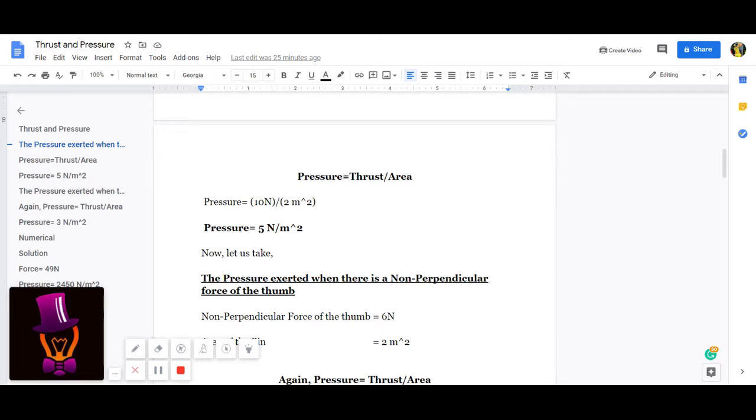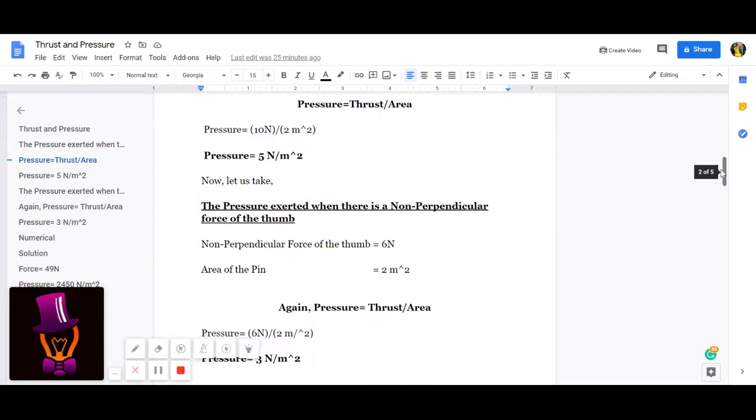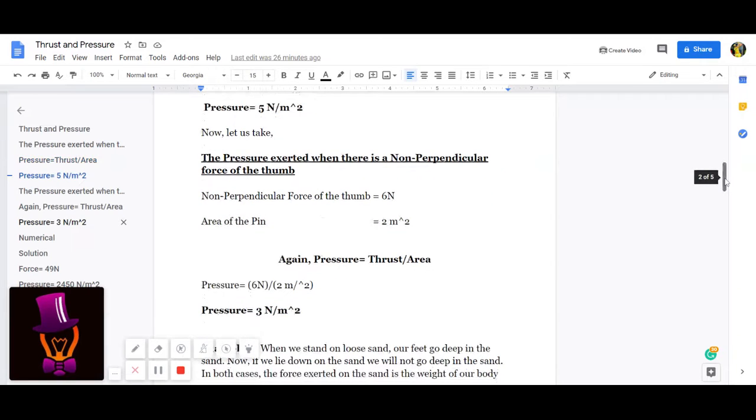Now let us take the pressure exerted by the thumb when there is a non-perpendicular force. So let us keep the non-perpendicular force of the thumb as 6 Newton. It's not 10 Newton because the non-perpendicular force of the thumb does not involve the whole thumb, whereas the perpendicular force of the thumb involves the whole pressure force of the thumb. So therefore now the area is the same, 2 meters square.